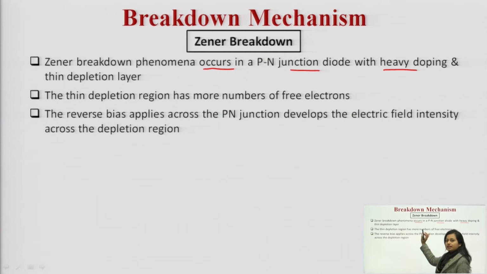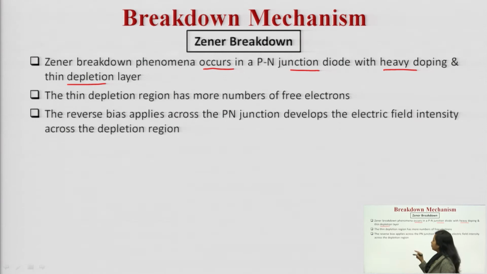Zener breakdown occurs with heavy doping, meaning a large amount of impurity is added to the pure semiconductor, and then the depletion layer will be thin. You can note down each point: heavy doping and a thin depletion layer.